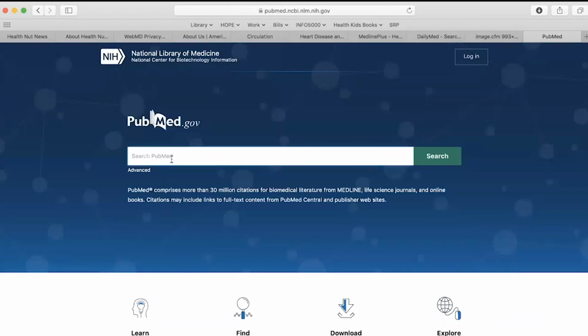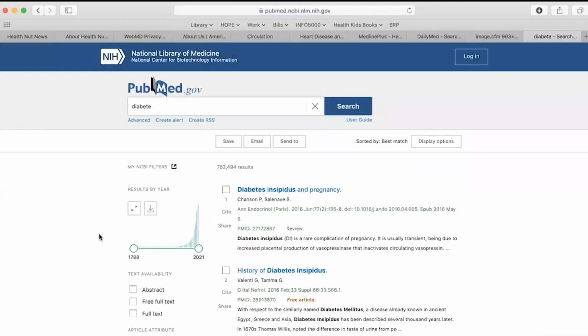So again, you could do a search for a particular disease, and you can see there's quite a number of results. So this is the kind of resource you're going to go to if you have, say, a really specific condition that isn't just generally talked about in health topics for different health resources, but is maybe a bit more specific.